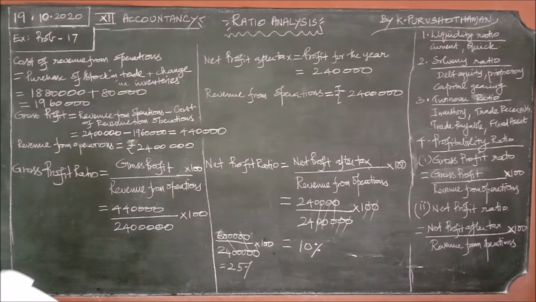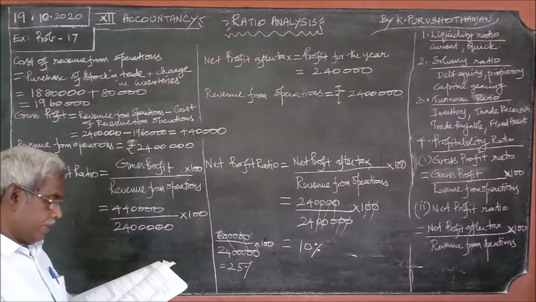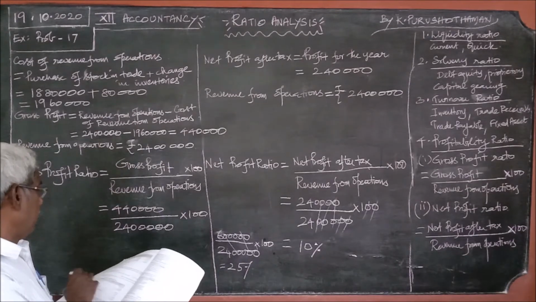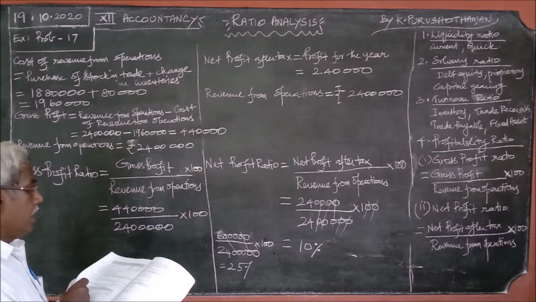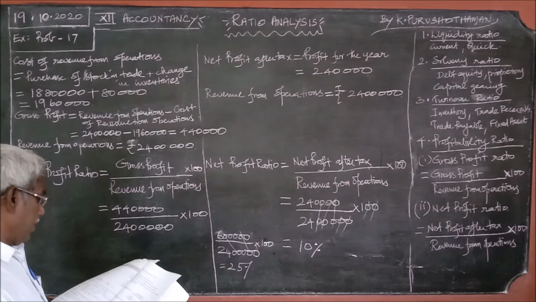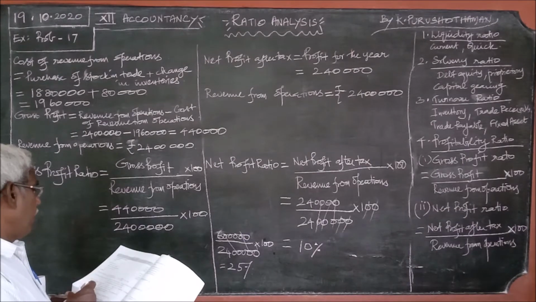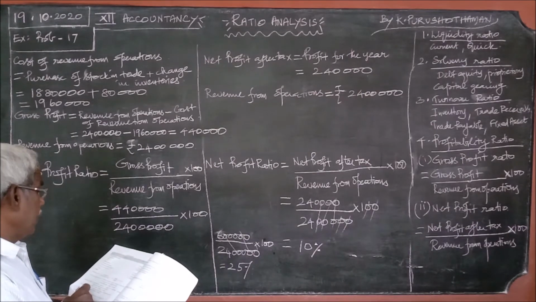For this, I shall show you a reference on how to find the cost of revenue from operations. For cost of revenue from operations, there are different formulae. And what formula should we use here?